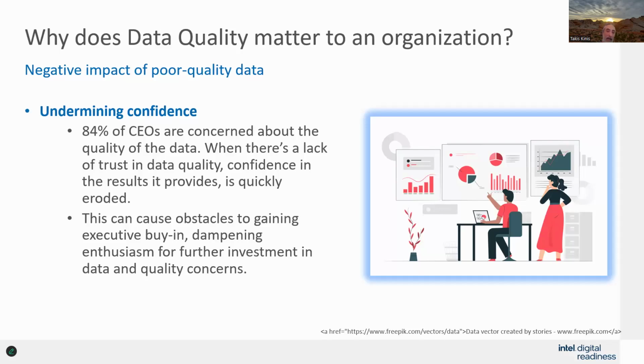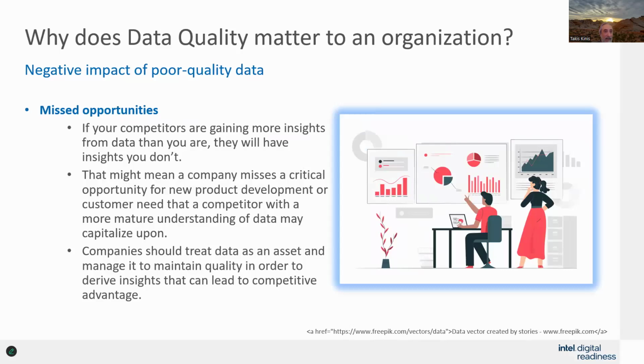Notice that second bullet, it can cause obstacles to gaining executive buy-in. When you have a manager who questions it, and maybe rightly so, and then you find out the data is flawed, then they're much less likely to believe any other data that comes their way, right? So good data leads to good stuff, bad data leads to bad things.